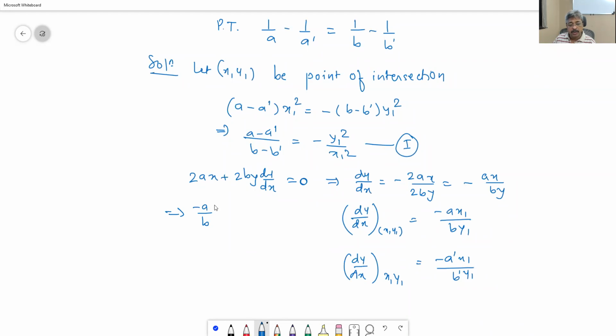So this implies minus a x1 upon b y1 into minus a dash x1 upon b dash y1 is equal to -1. So what do you have as a relationship? Minus y1 square upon x1 square is equal to a dash upon b dash.